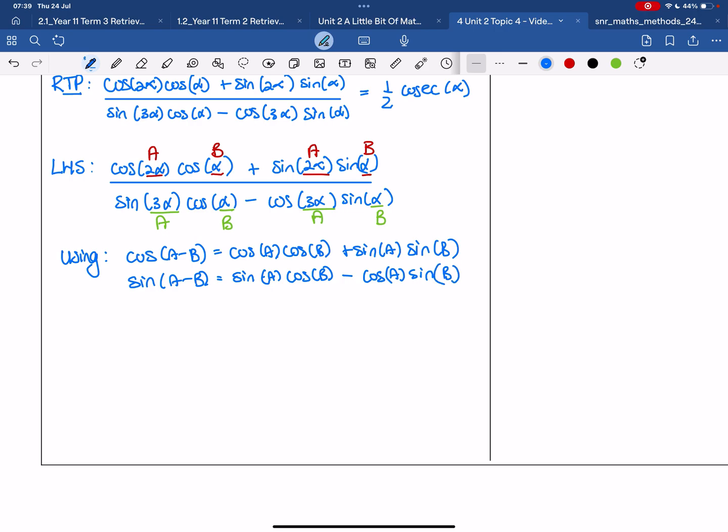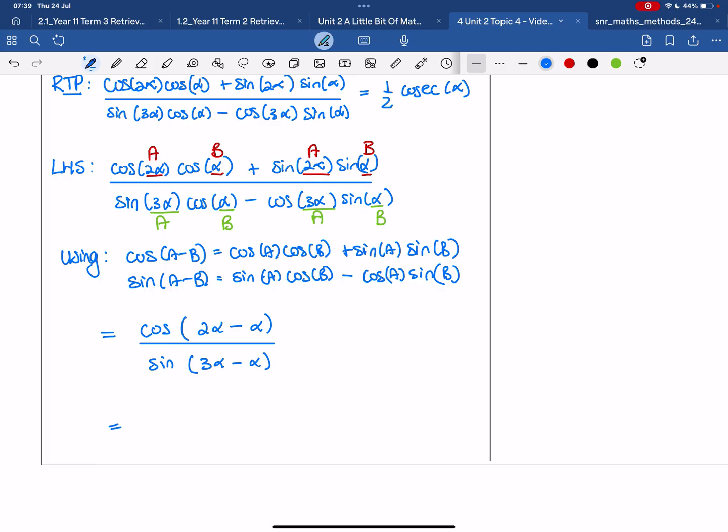So I can say what I've actually got now is cos of 2 alpha minus alpha over sine of 3 alpha minus alpha.